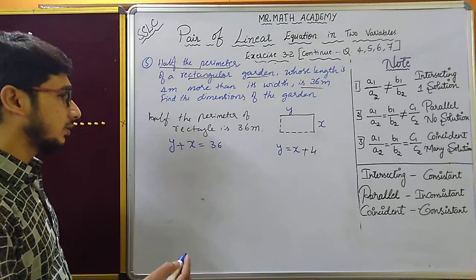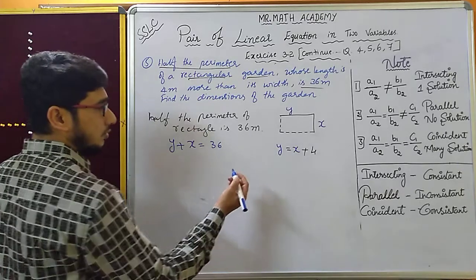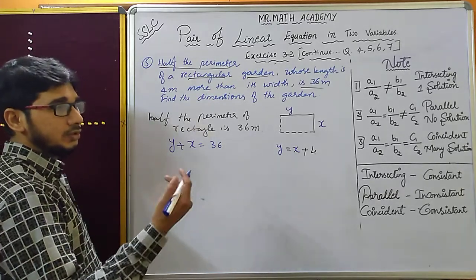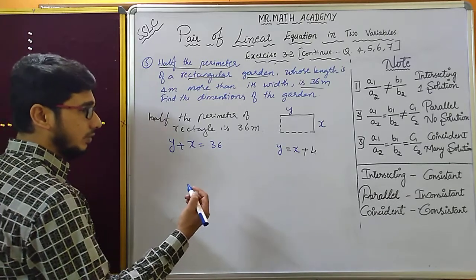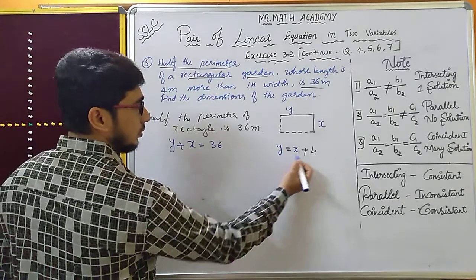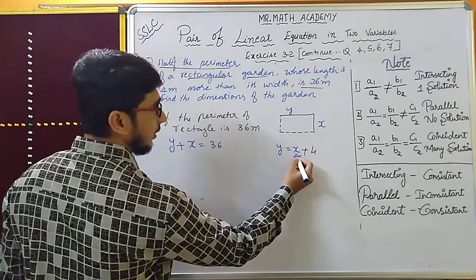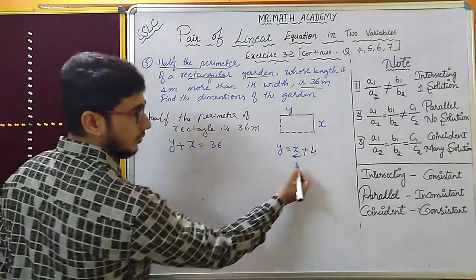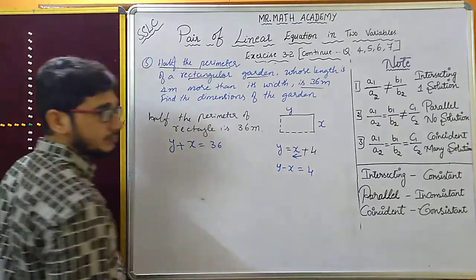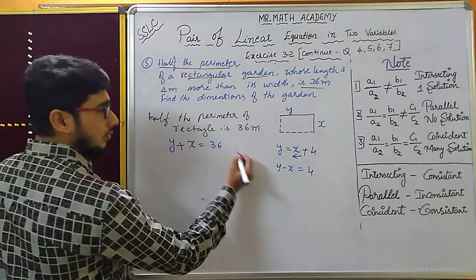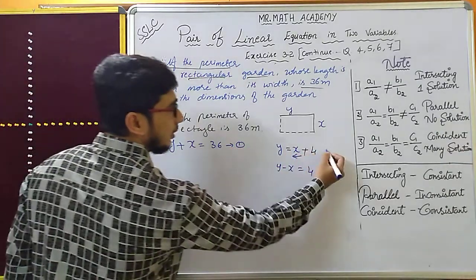Substitution method or elimination method are both easy; let us go for the elimination method. Take x to the LHS in this equation. It becomes y minus x is equal to 4. Consider this as equation 1 and the other as 2.